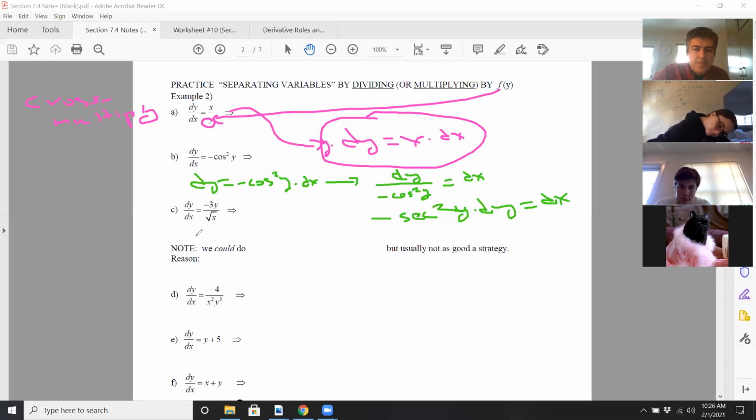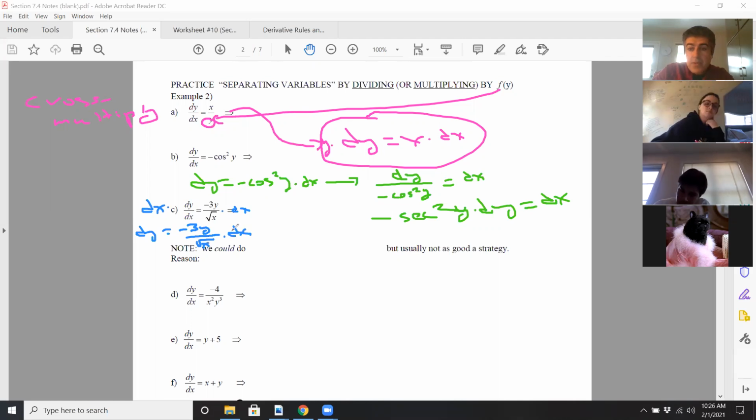Here, you could cross multiply, I suppose, but what if we multiply both sides by dx first? Actually, let's change colors again. Let's go blue. So I suppose, yeah, let's multiply both sides by dx. I mean, we're doing that anyway in the previous two examples. So therefore, dy equals negative 3y over root x times dx.